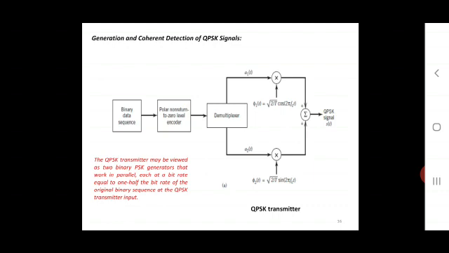The function of the demultiplexer is to divide the binary wave produced by the polar non return to zero level encoder, that is NRZ level encoder, into two separate binary waves, one of which represents the odd numbered dibits in the incoming binary sequence and the other represents the even numbered dibits. Accordingly, we can use two binary PSK generators to form a QPSK signal here, and phi 1 of t and phi 2 of t are the basis functions for this transmitter unit.